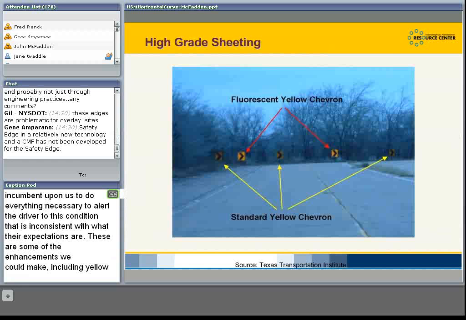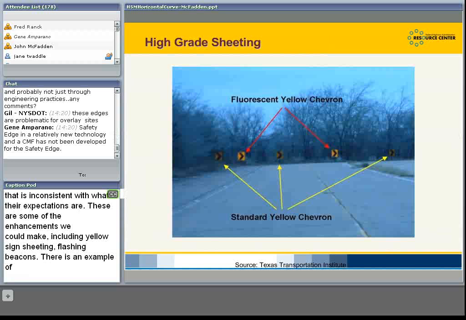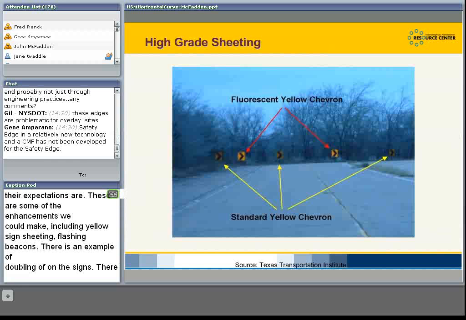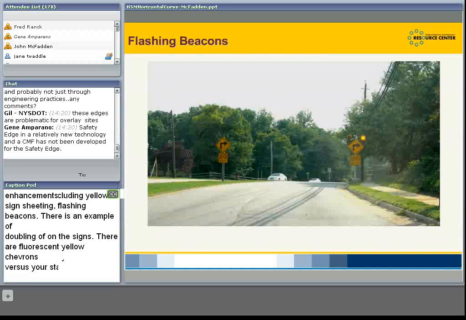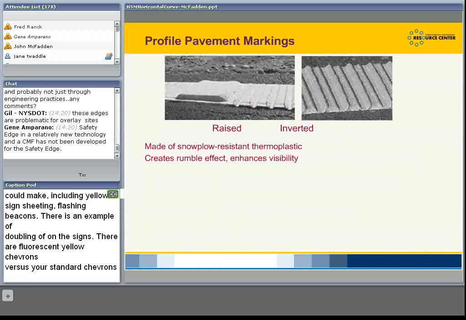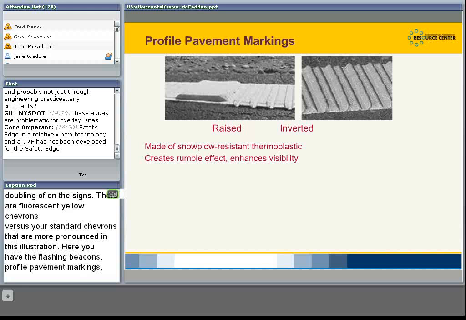Because of the specific unique nature of this location, we couldn't put in the curve that you're expecting, so you need to really adjust your driving behavior and slow down in advance of this curve. It's incumbent upon us to do whatever is necessary to alert the driver to this condition that is inconsistent with their expectations.